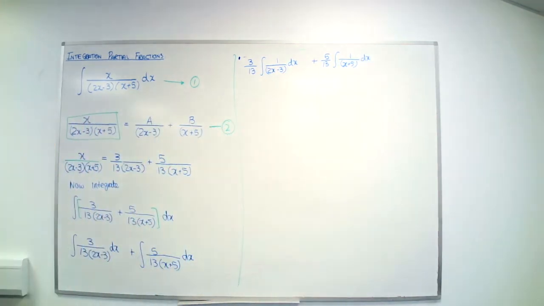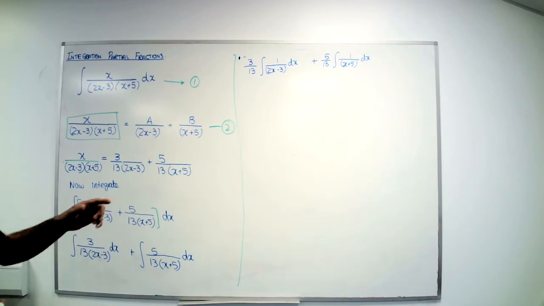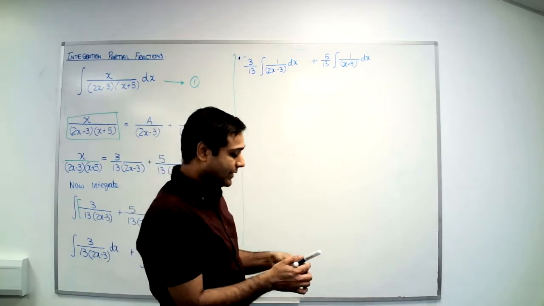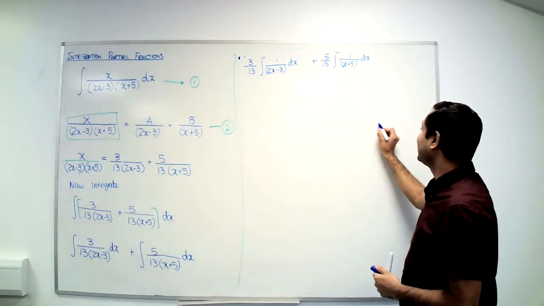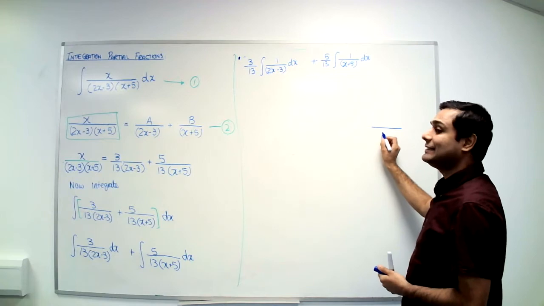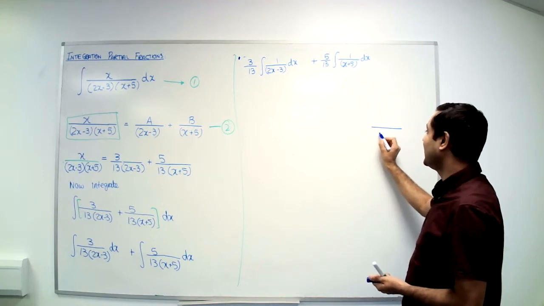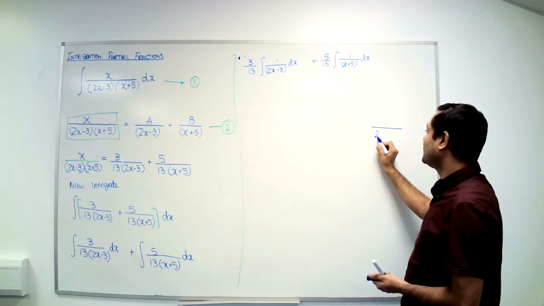Now the important bit. The important bit is if you look at 2x minus 3 and if you look at x plus 5, what we need to know is there is a rule. The rule states, if the derivative of the bottom is up top, let me write the rule. The rule is like this. For example, let's say any number, like say I got 2x plus 5.